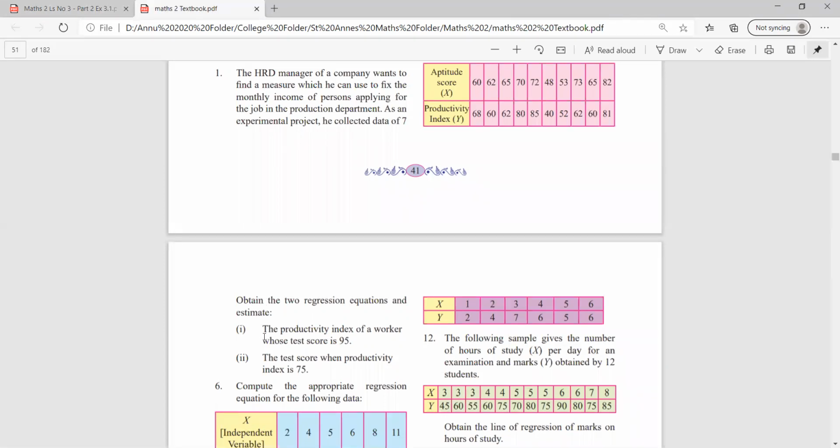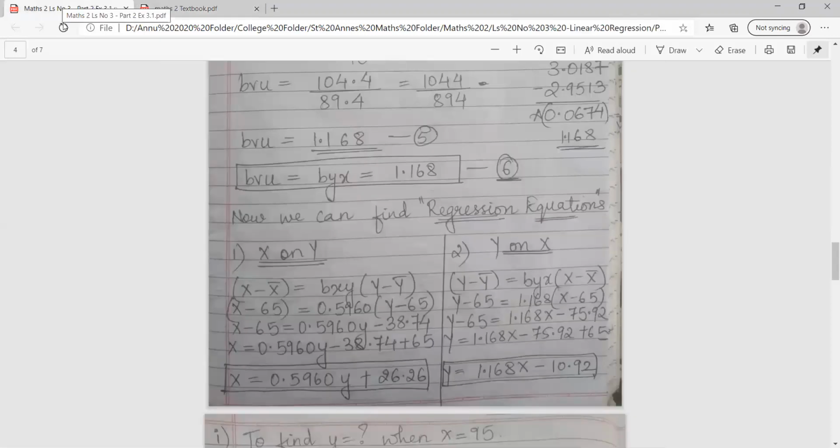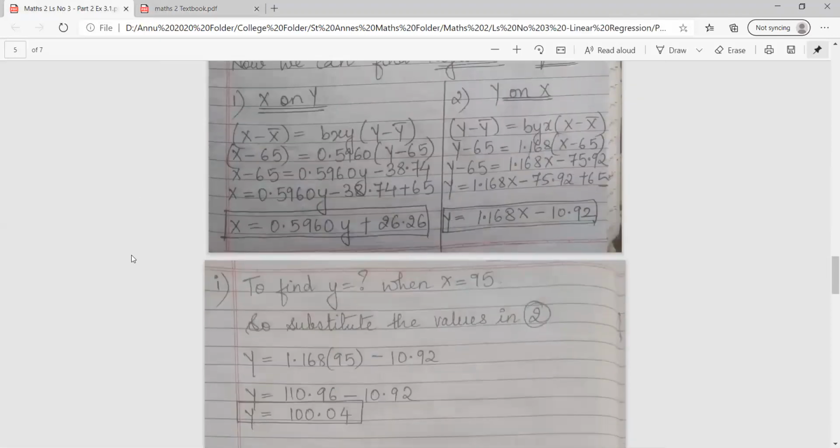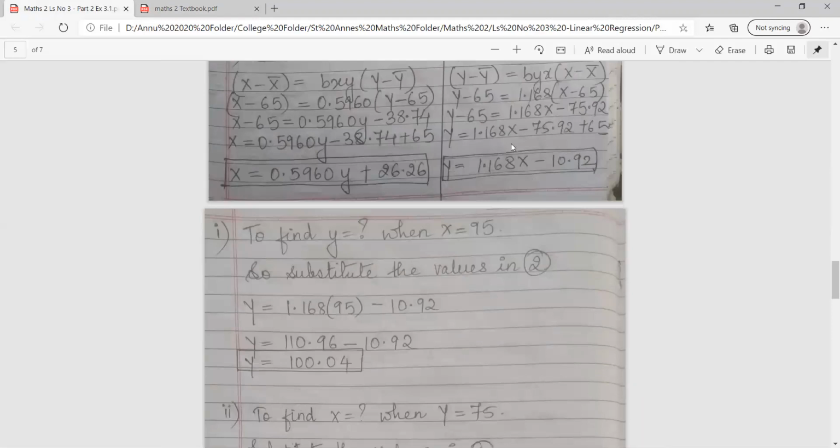So in the first case, they are telling you to find y when the test score, which is represented as x, is 95. So in the first part, we have to find the value of y when x is given. Can you all tell me, class, which equation to substitute? Correct, the second one. So in order to find y when x is given, you will take the second equation, y on x.